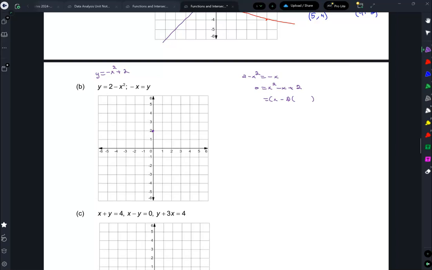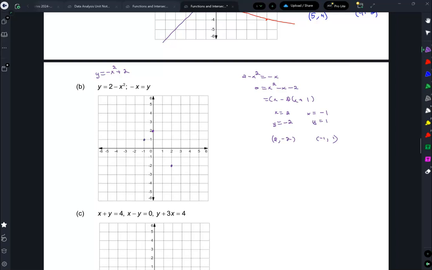No, it's minus 2. Oh my God, I knew it was supposed to factor. Okay. So like this. So x equals 2, x equals negative 1. So y equals negative 2, y equals 1. All right, so 2, negative 2, negative 1, 1.